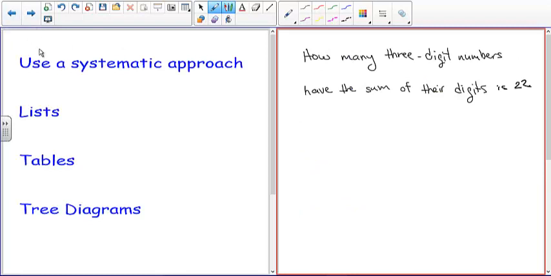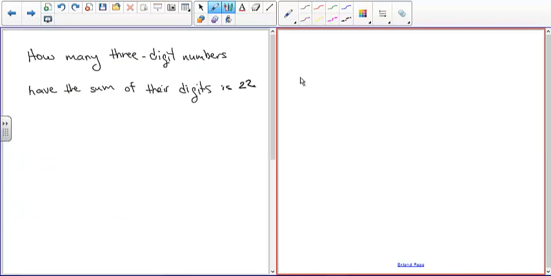Now, as our last example, how many 3-digit numbers have the sum of their digits as 22? So this is not quite as straightforward. You just kind of have to think about it. And the best thing to do is to just pick a 3-digit number and see what happens.